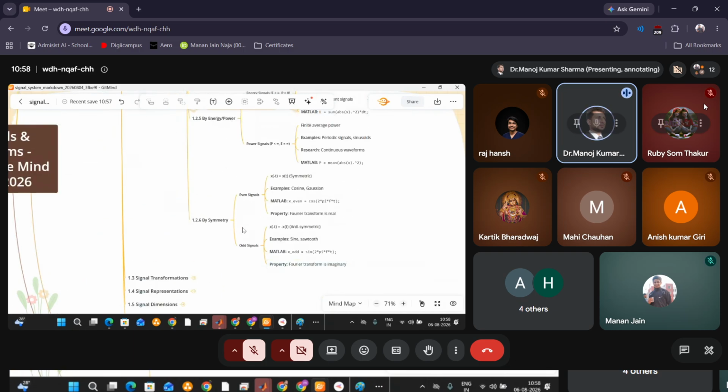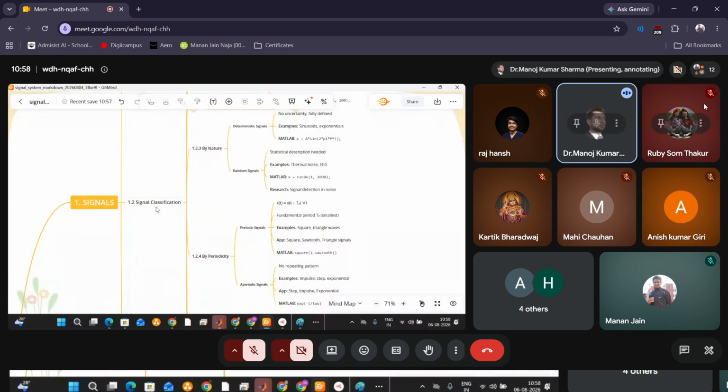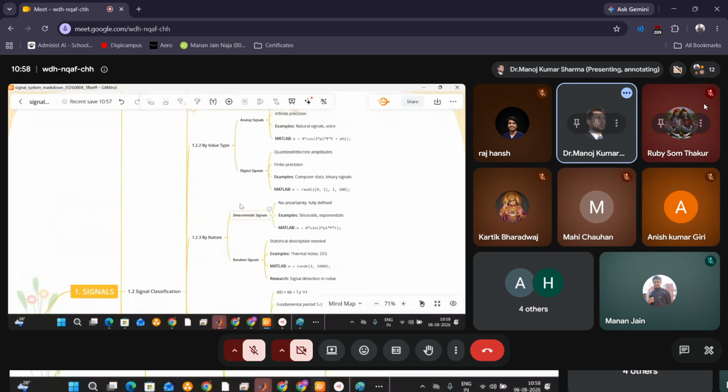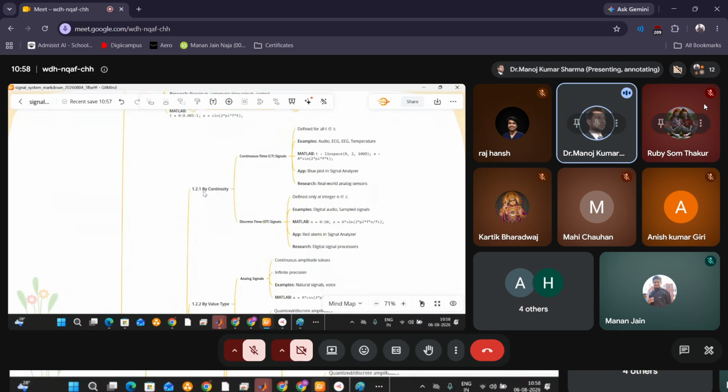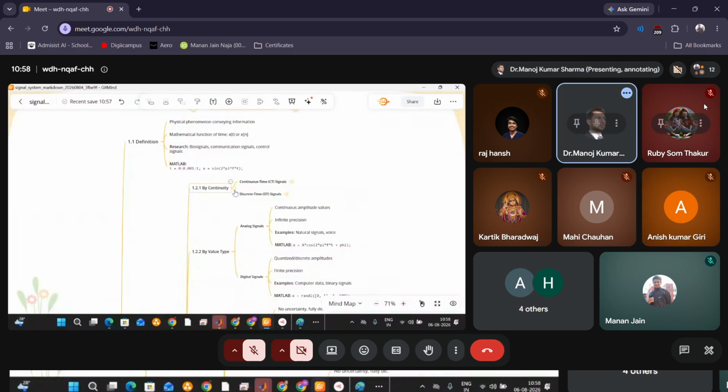So by this, we have covered the signal classification. And for a quick recap, we can say that on the basis of continuity, we have discrete-time signal and continuous-time signal, right?